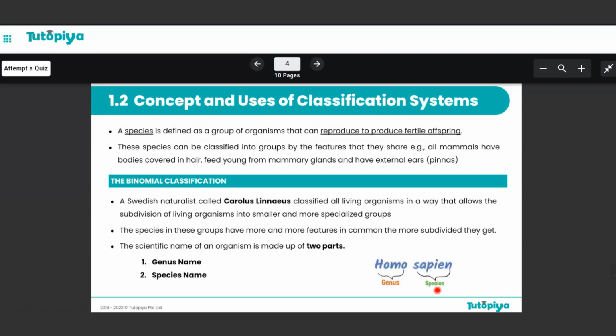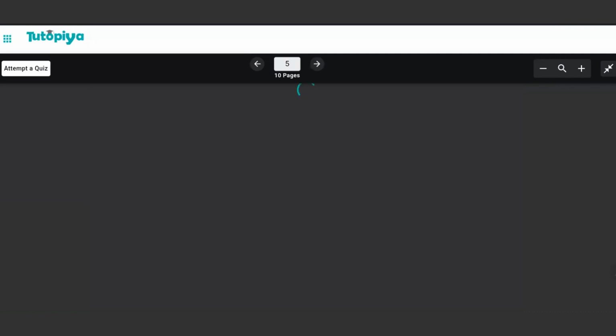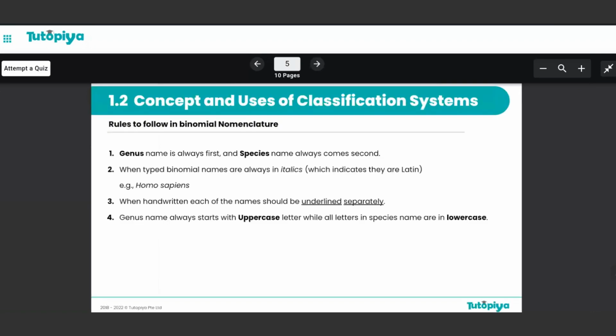So let's take a look at a few more examples of scientific names. This is going to help you all better understand this naming system. So I'm going to give you all three scientific names: the scientific name of a human, the scientific name of an animal, the Asian elephant, and the scientific name of a plant species.